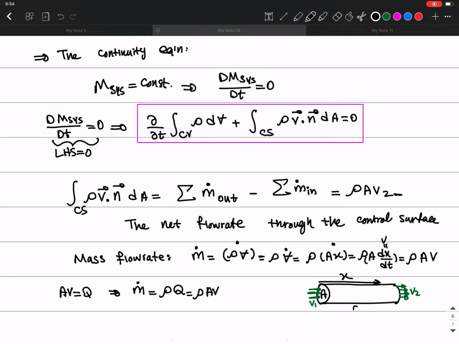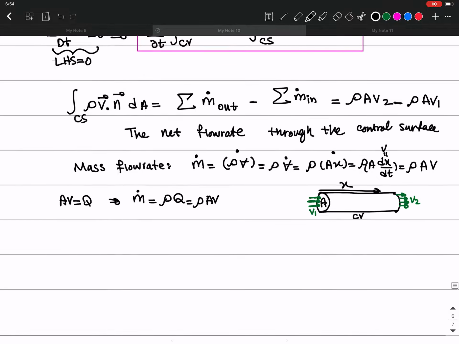This is your control volume, okay? It's going to be rho A V1. This is simply this, right? This just simply represents this. Okay.